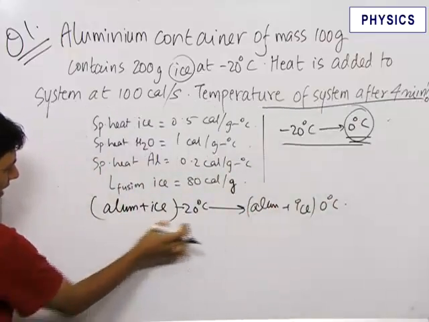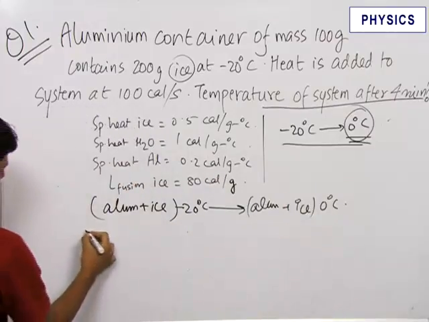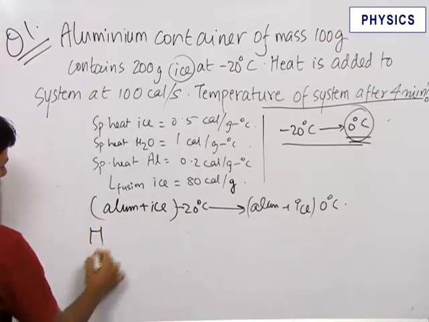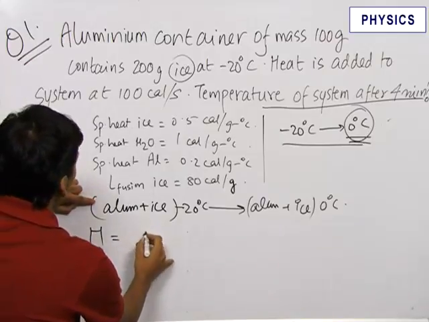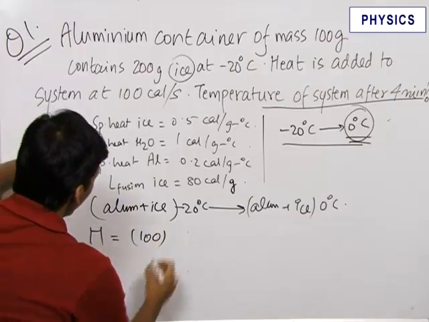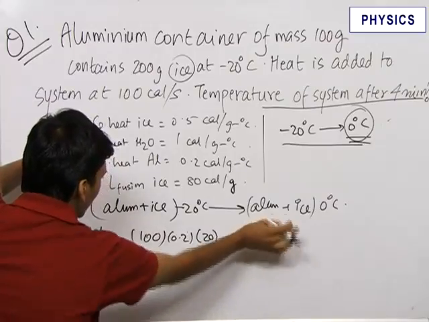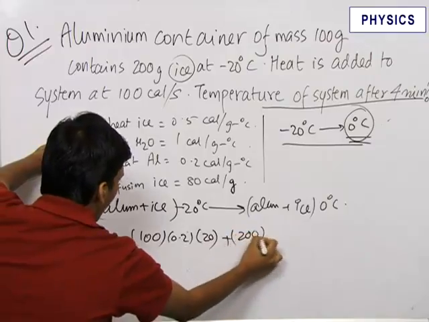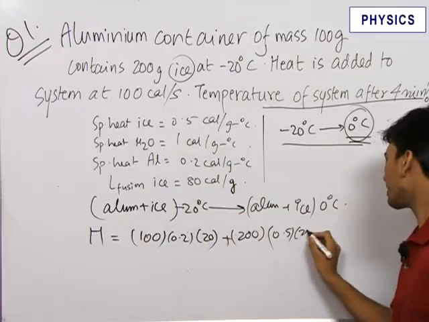So from aluminium plus ice at minus 20 degrees Celsius to aluminium plus ice at 0 degrees Celsius, the amount of heat required to be given to the system is equal to the mass of aluminium, that is given to be 100 grams, into the specific heat of aluminium, that is 0.2, into the change in temperature, that is 20, plus the same thing for ice, the mass of ice is 200 grams, into the specific heat of ice, that is 0.5, into delta T, that is 20.